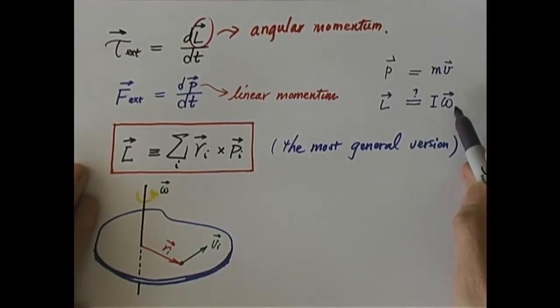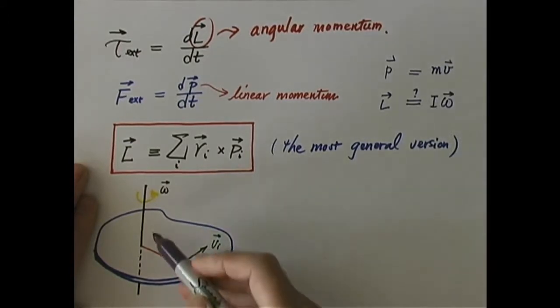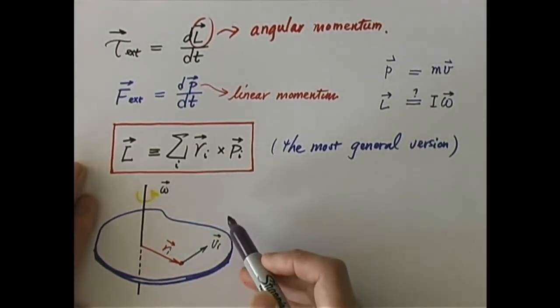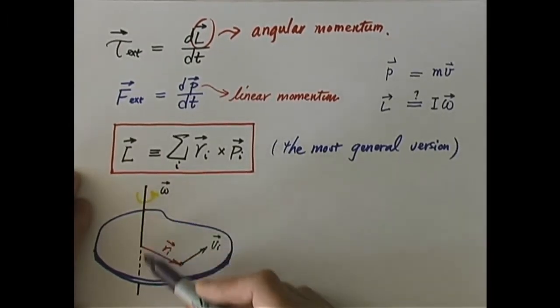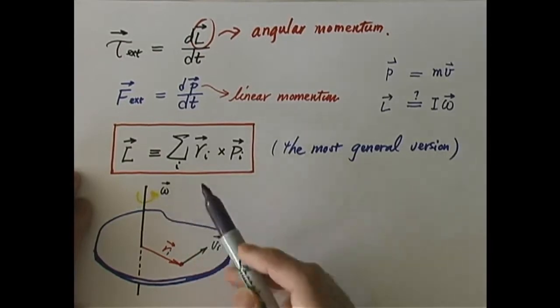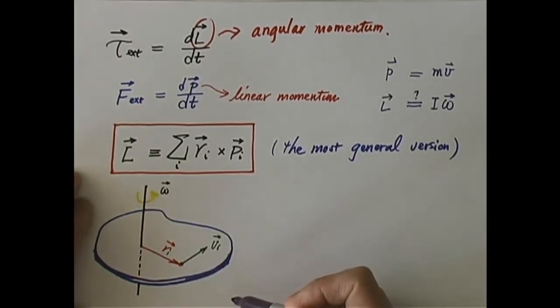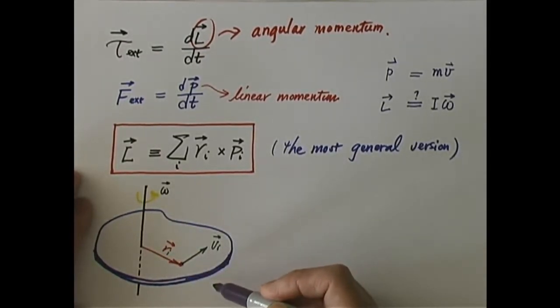Let's see what happens when you look at a rigid body. When you look at a rigid body, then if it's rotating about a fixed axis, it doesn't have to be a fixed axis, but let's say just for this one moment it's rotating about this particular axis with an angular velocity omega. Omega, of course, is the same for everybody because it is a rigid object.